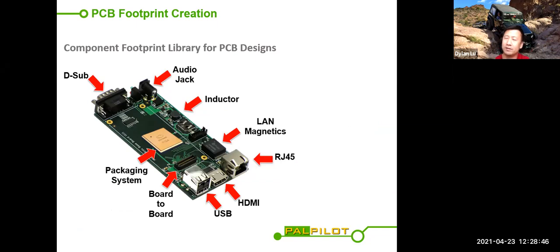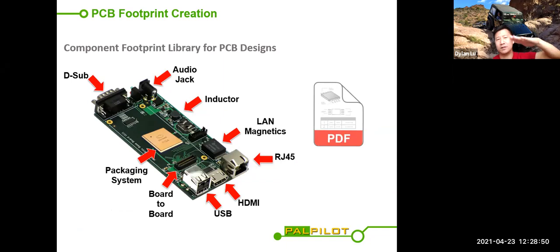A footprint, just as the word itself, is how it's going to look on the actual bare board. So the footprint and the actual component need to match so that when it goes onto the board, it's a perfect match.